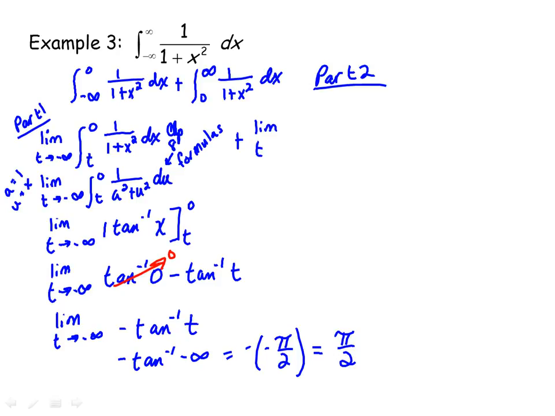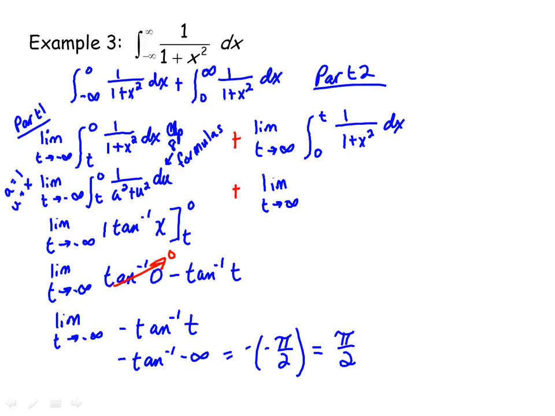We have the limit as t goes to infinity of the integral from 0 to t of 1 over 1 plus x squared, and the nice thing is we've already done the antiderivative. So we're going to have plus the limit as t goes to infinity here.